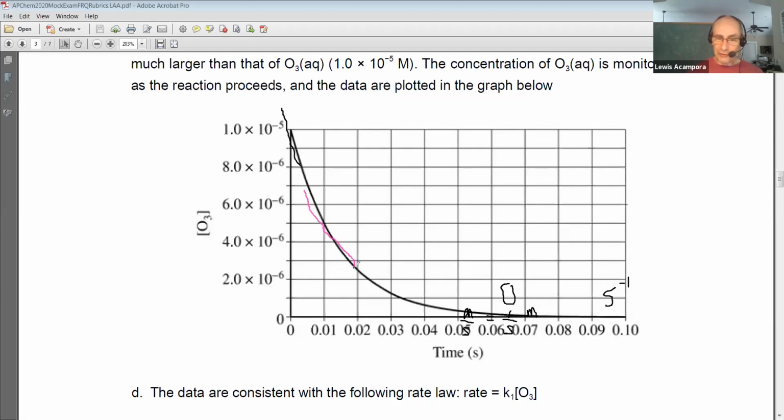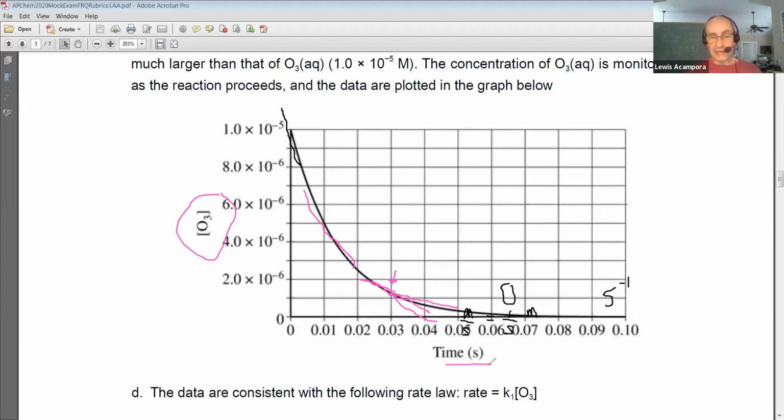So as I try to draw a tangent line here, I pick any point and now I try to draw a line that's tangent to the curve at that point. I'm not doing a very good job here, am I? The slope of this line is equal to the reaction rate at that instant in moles of ozone per liter per second.